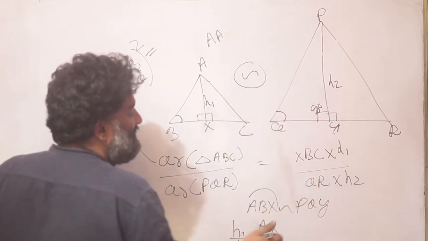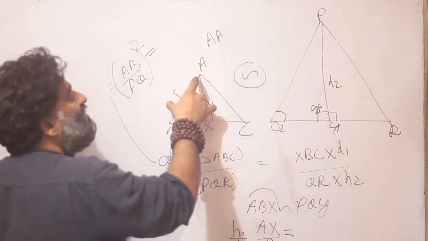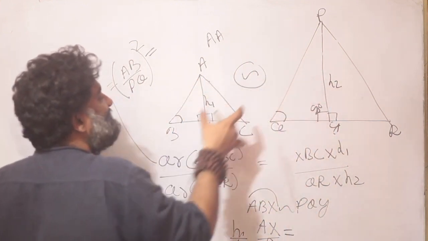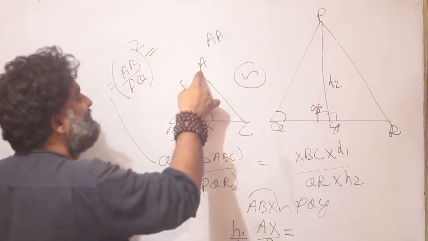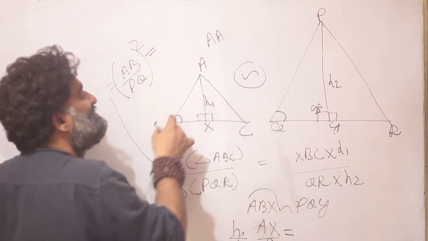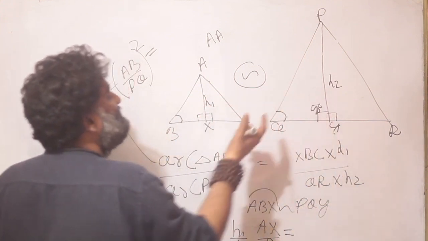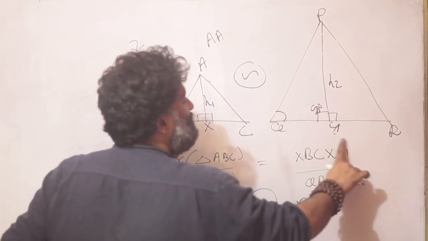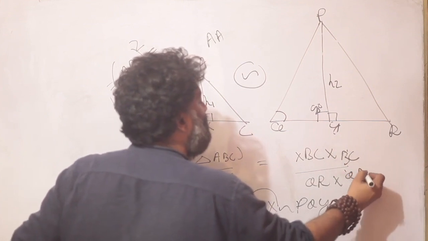That means this h1 upon h2 is the same as AB upon PQ. And I already know AB upon PQ is the same as BC upon QR. That means h1 upon h2 is equal to AB upon PQ, which is equal to BC upon QR. So I can say h1 upon h2 is the same as BC upon QR. So instead of this, I can write BC upon QR.